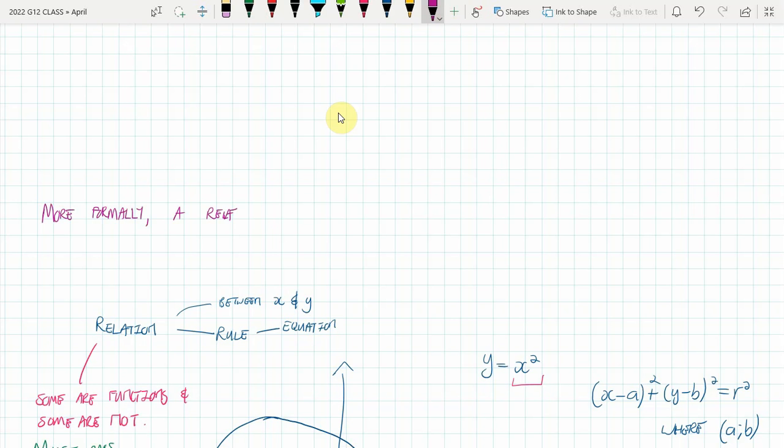A relation f is a function if it assigns one y value to every x value in the domain of f.